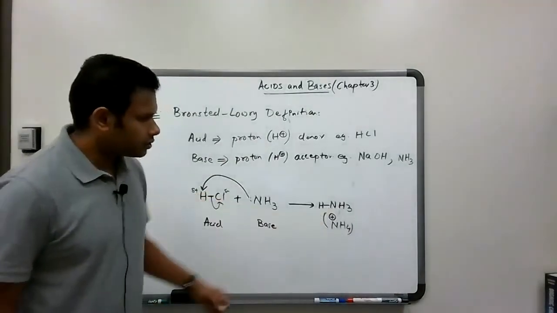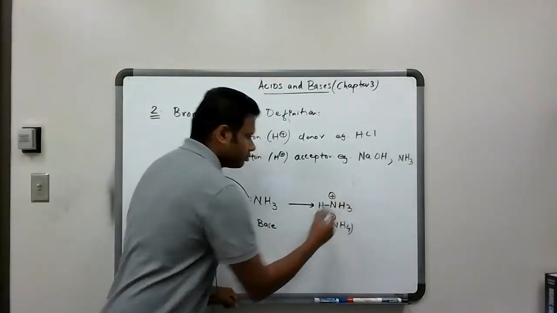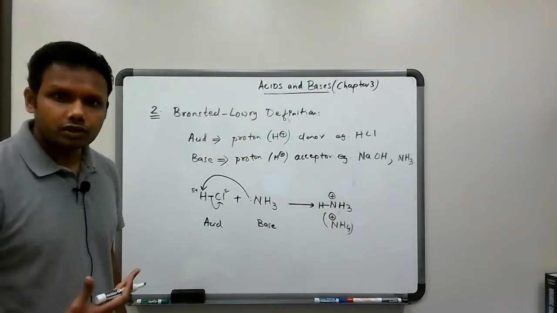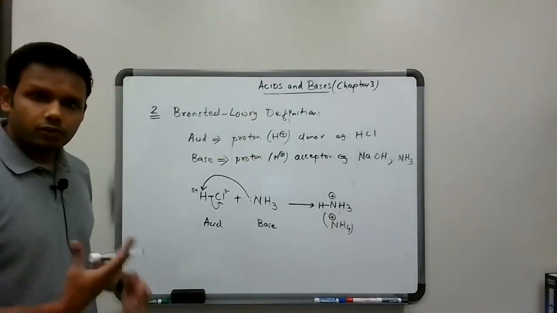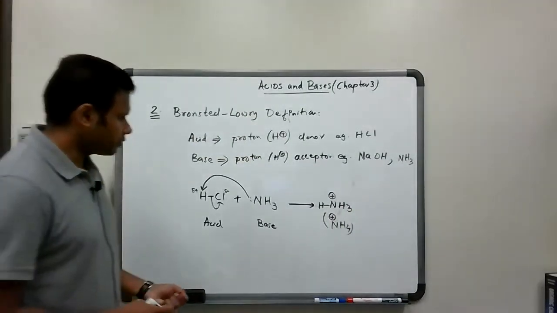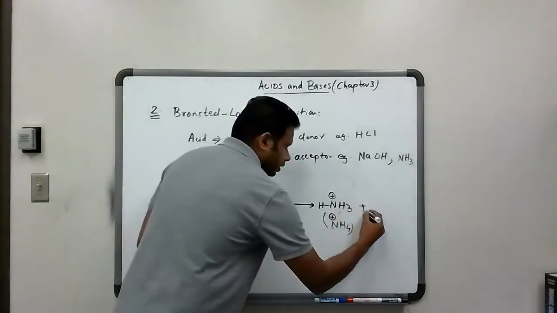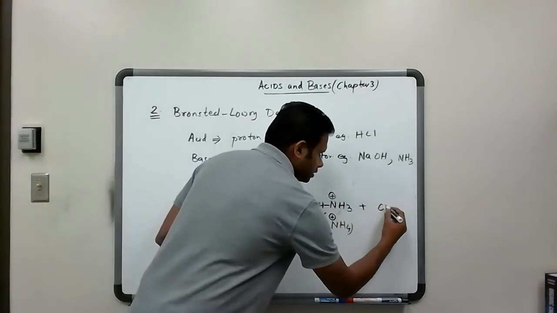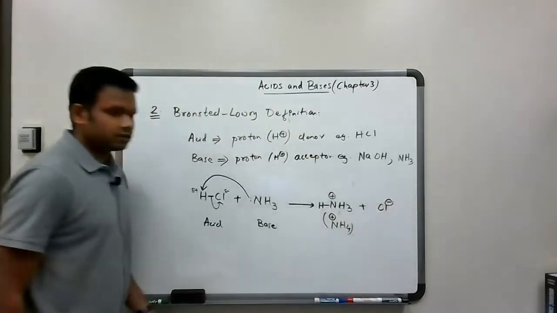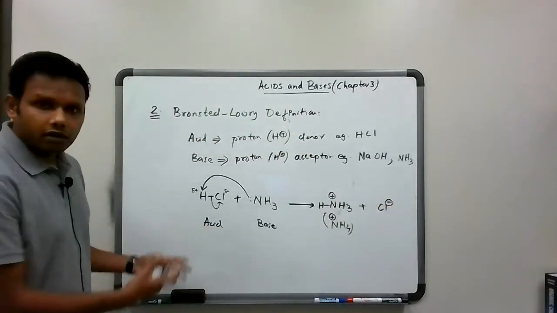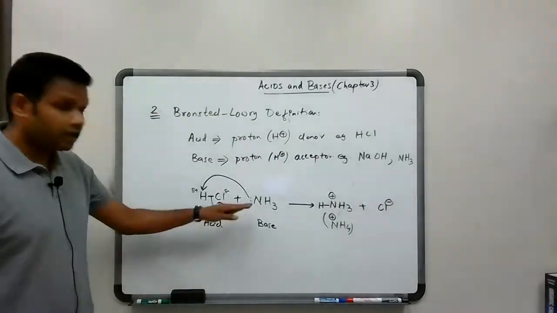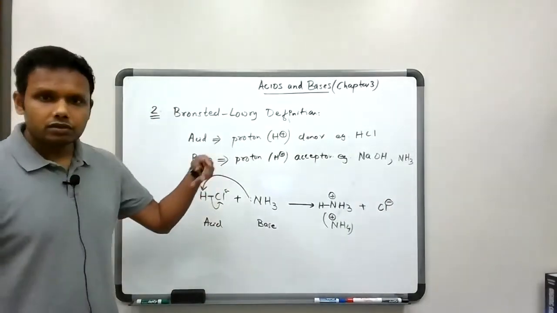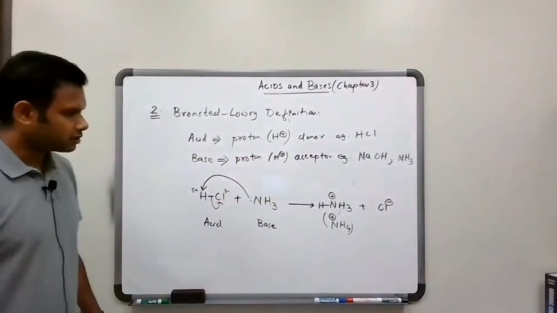The nitrogen has 4 bonds to it, so it must have a formal charge of +1, again going back to the bonding patterns for nitrogen. And plus the chloride came out, so we will get a Cl minus. That would be our acid-base equation here, and the electron push that corroborates with that acid-base equation.